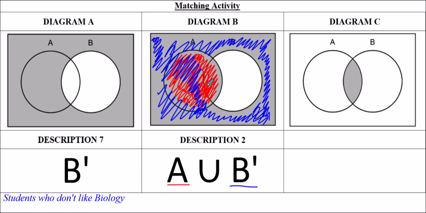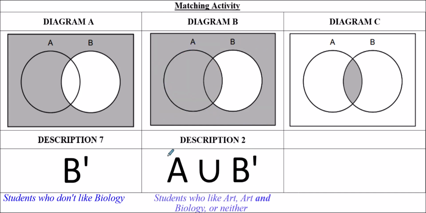In terms of matching this to a description, it could be something like this. You could say students who like art and biology, or neither. So it's essentially those that like art, which is just this bit of the A circle, art and biology, which is middle bit, and neither is this outside grey region.